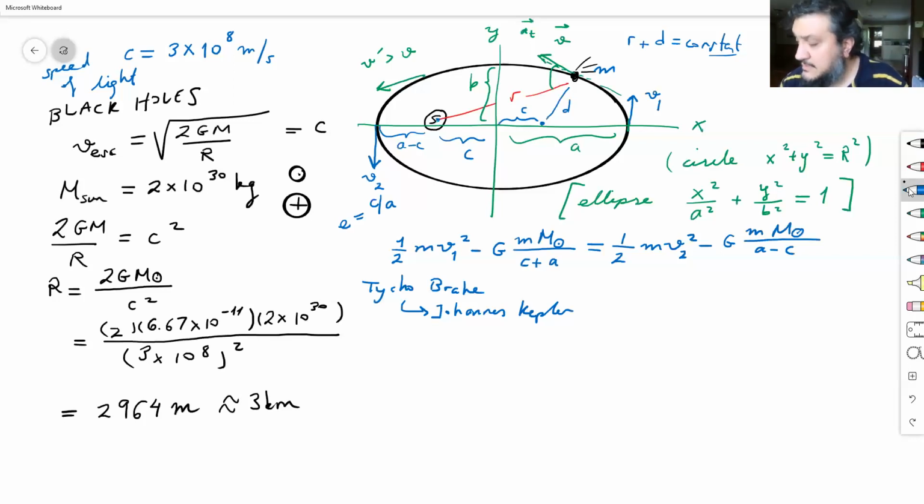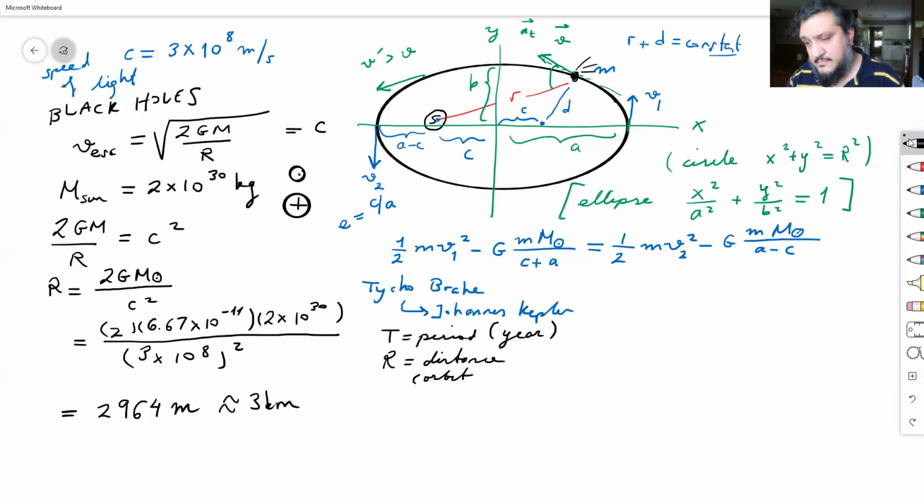Let's use the letter T for period, or year in this case. And of course, we have the distance from the sun, the orbital radius, R. So based on his observations, he found a relationship between T and R.